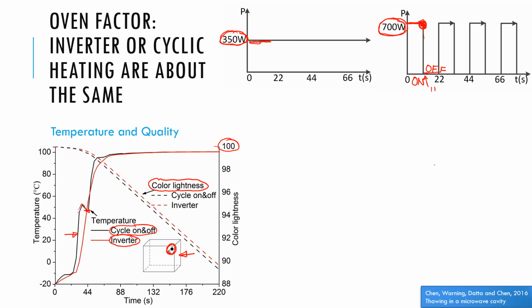The black dashed line is for the cycling situation, and the red dashed line is for the continuous power. So again, you see there is some difference, right? For sure there's some difference, but the difference seems to be minuscule.